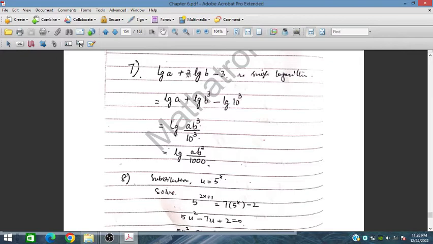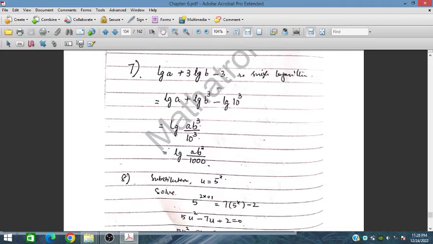So this 3 will be power of b, so this will become b cube, and log a, since this is addition, a and b will multiply, and this is without log, so we can write it log 10 power 3. So this 3 will be here and log 10 will be cancelled out, so this will be 1.